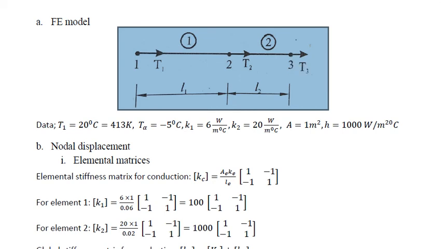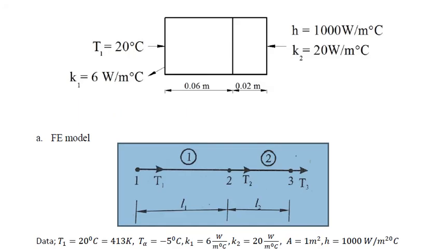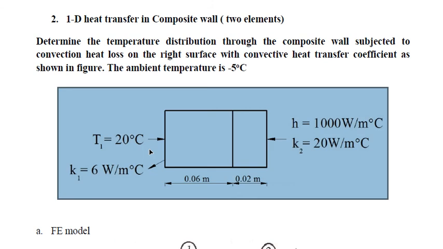The T1 and ambient temperature are given in degree centigrade. Conductivity is given in watt per meter degree centigrade. The dimension is in meter. So we shall keep all the units in meter and degree centigrade and go for further analysis.